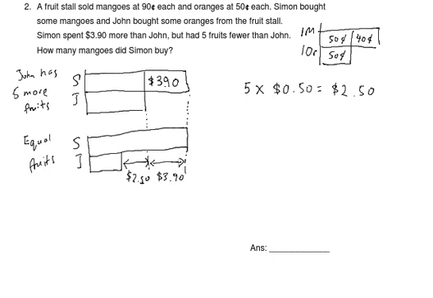Can you see what is happening? Okay, so now the difference in the cost is actually $2.50 plus $3.90. What do you get? $6.40. So the difference in cost is $6.40. Am I right or wrong? Yes. But do we know how many fruits are there?